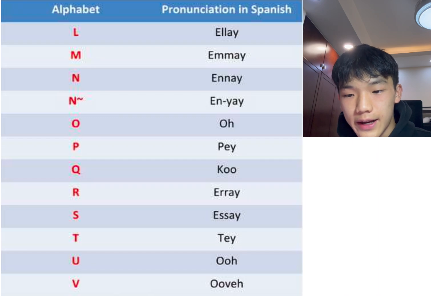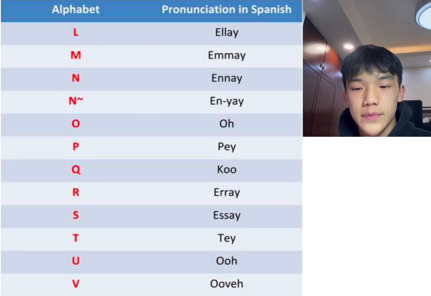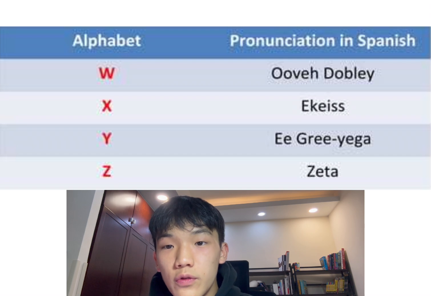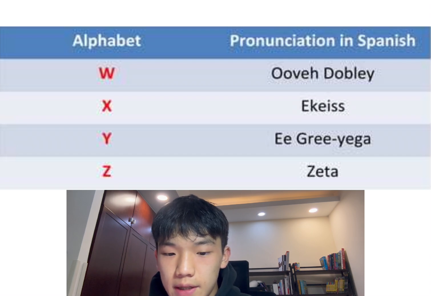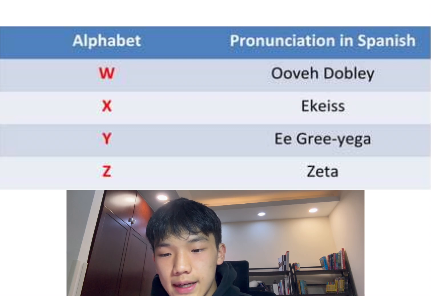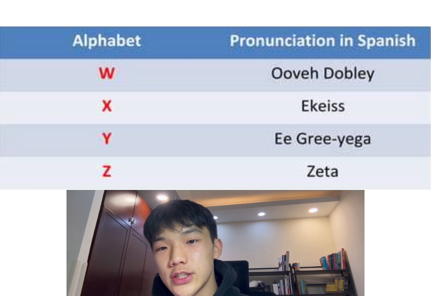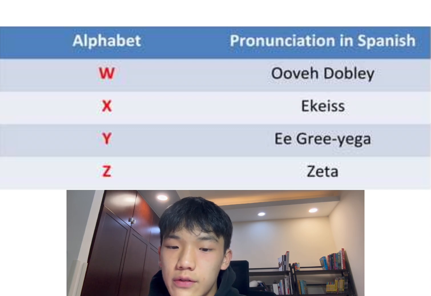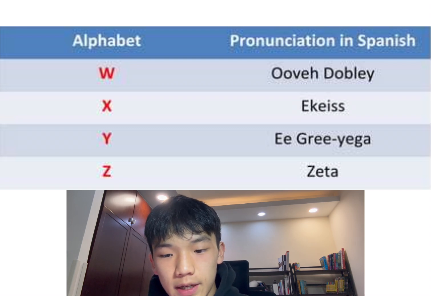R, S, T, U, V, UV, W, X, Y, and Z, zeta. So that's the end of the alphabet, and you can go back and check the video timestamps to look at the accurate pronunciation of these letters in Spanish.